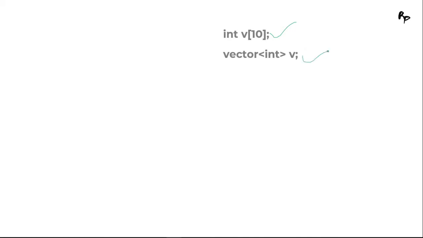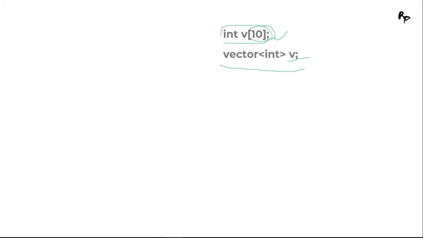What does that mean? It means that the size of this array cannot be extended beyond 10, whereas the size of this vector can be extended to any size you want.